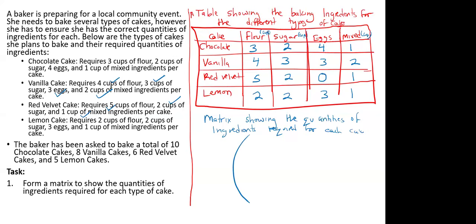I'm going to extract my matrix as 3, 2, 4, 1, 4, 3, 3, 2, 5, 2, 0, 1, and then 2, 2, 3, 1. And then that is going to be my matrix. I've extracted it. Hope that is very, very fine.